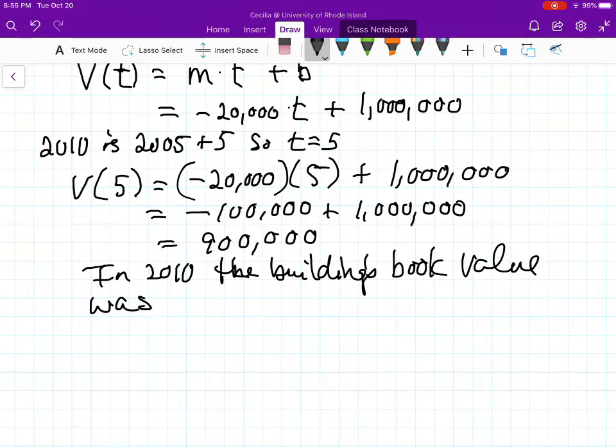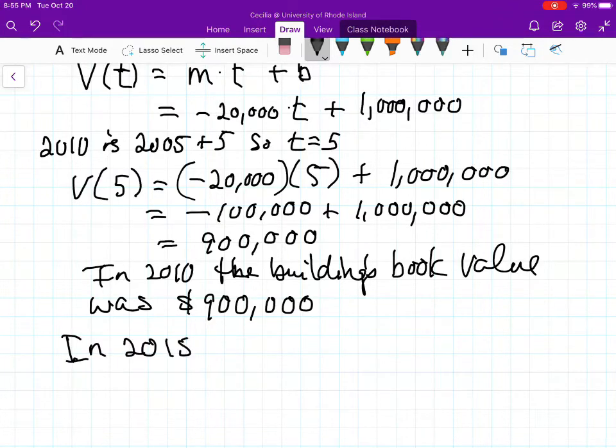All right, so what about in 2015? So in 2015, the first thing we have to do is figure out what our t is. So that's 2005 plus 10, right, to get to 2015. So that tells us that t has to be 10.